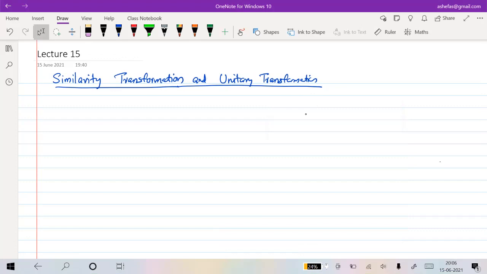we can first start with a simple example of a rotation of the basis vectors in Euclidean space.